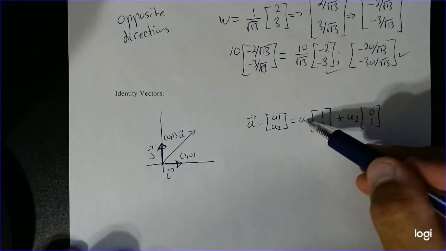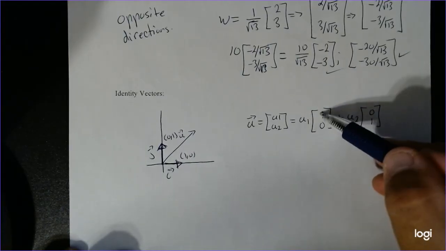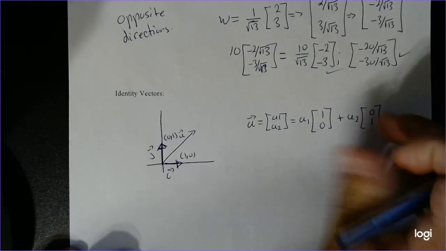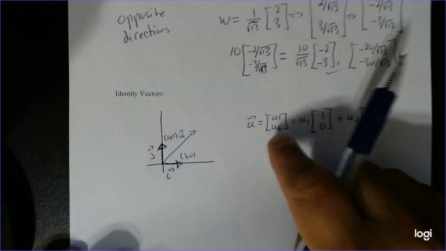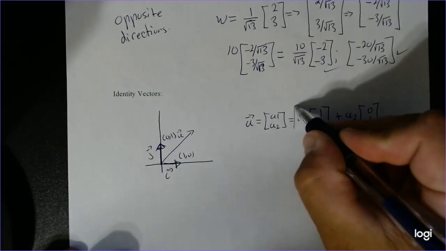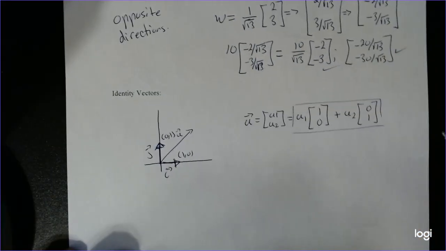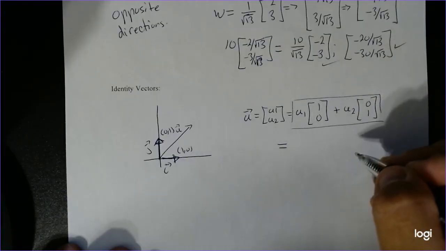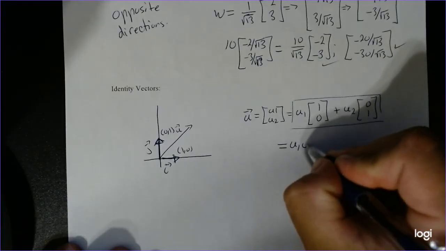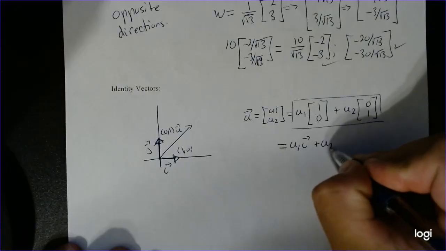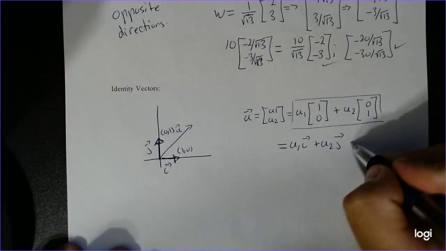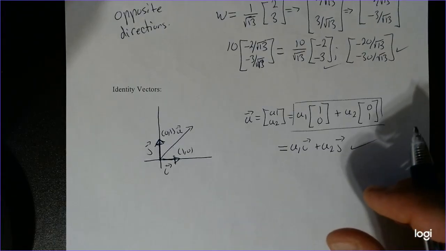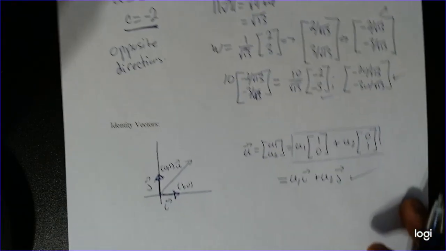Now think about this: this times this is just going to be u1, 0. This times this is just going to be 0, u2. And if I add these two vectors, I actually get the original vector back. So all this is another way to write vectors in different formats. Or you could see this in multivariable as u1 i plus u2 j. And that's the connection to multivariable and linear algebra. We'll have more connections, but for now, that's the connection there.